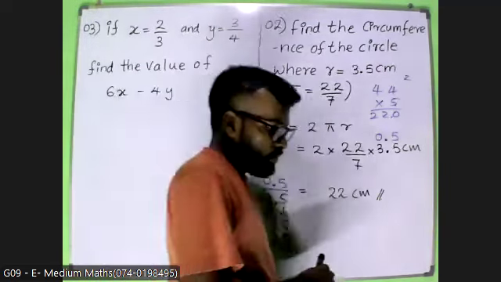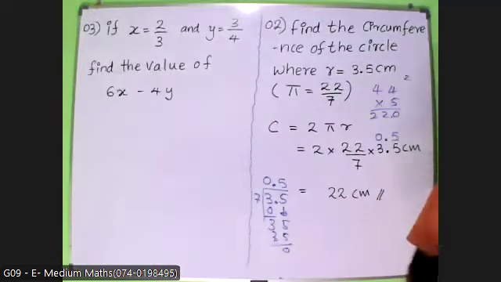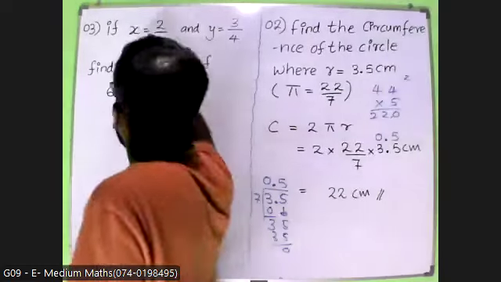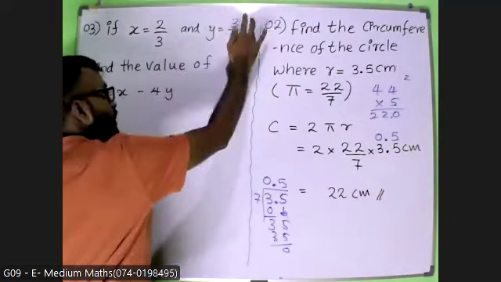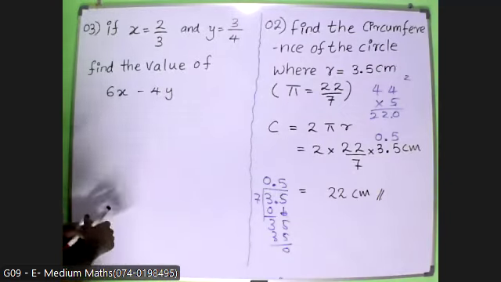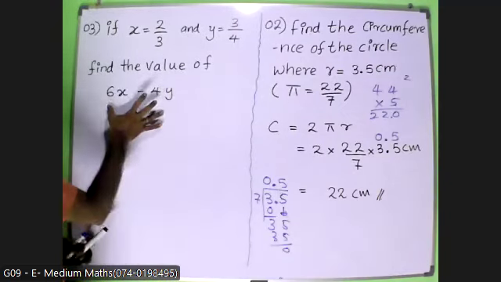Right. So you have to simply substitute. If x equals 2 upon 3 and y equals 3 upon 4, find the value of this expression.